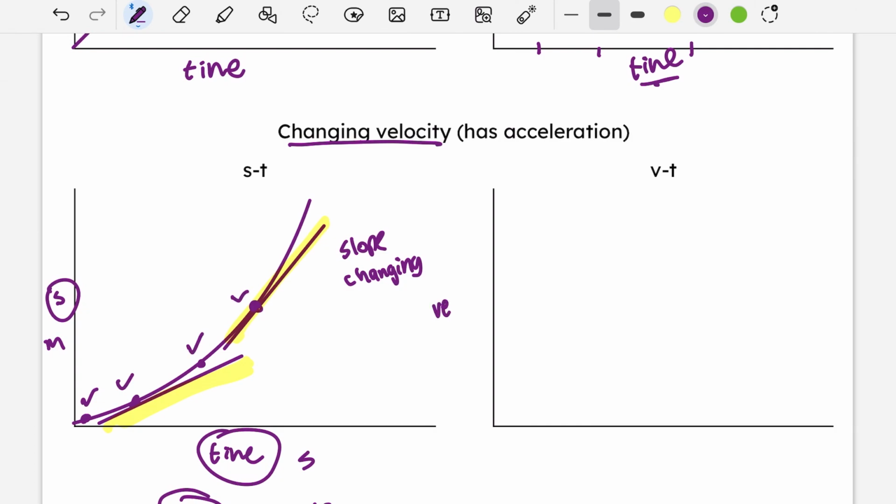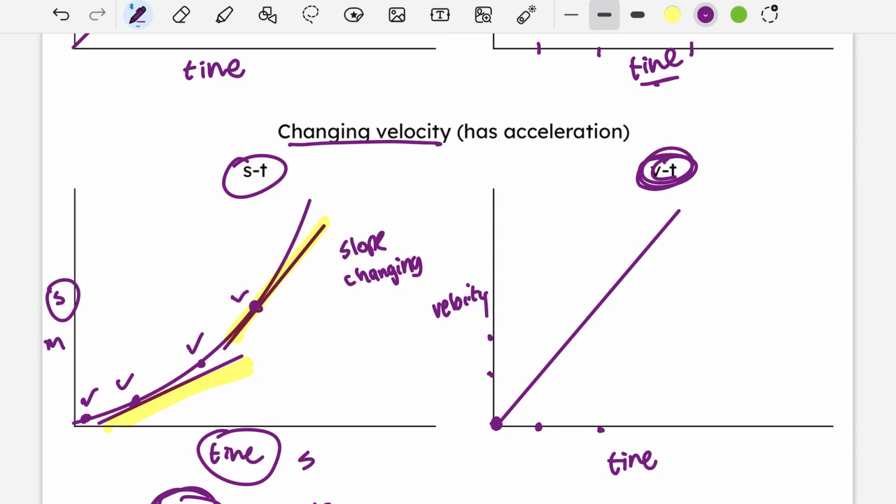Well, what does that mean for my velocity time graph? Well, it's going to look something like this. Let's say I start at rest, I'm not moving at all, and now my velocity is going to change. With each time point, I'm going to have a different velocity. So it's going to look something like this. So the slopes here in my displacement time, we plot as different velocities in the velocity time graph.